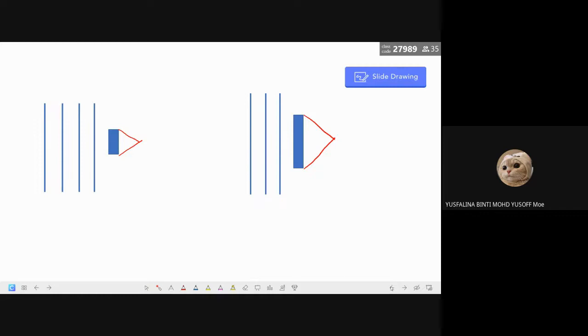Alright, so let's see how to draw when the wave passes through the obstacle. You just have to draw like this.